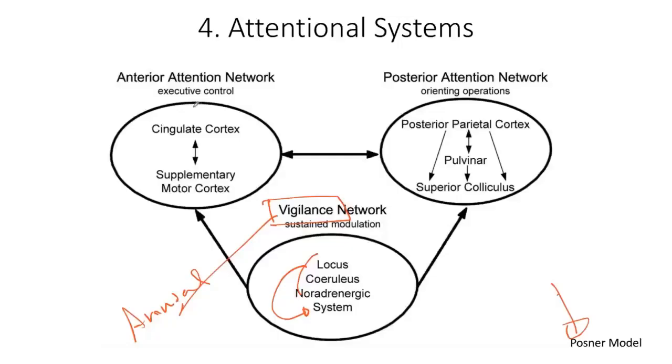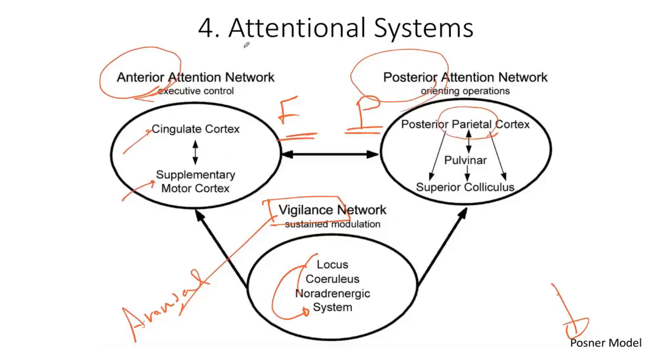But for attentional processing, they believe that there is an anterior attentional processing system and a posterior attentional processing system. In the anterior system, we have the cingulate cortex and supplementary motor cortex. For the posterior, there is the parietal part. At the end of the day, we are discussing the fronto-parietal contribution to the attentional system, and how these parts work together.